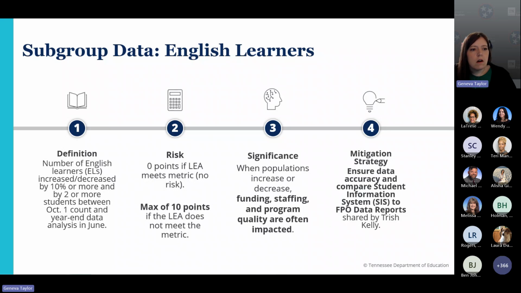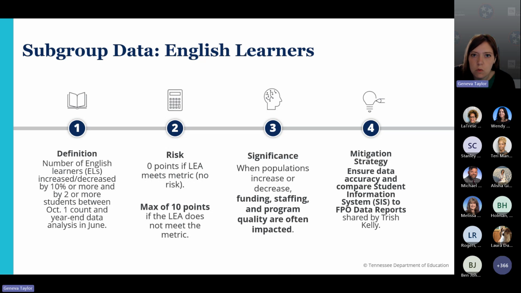So here, we're looking at subgroup data for English learners, and we have our definition on the left-hand side, and that aligns with the risk analysis guide that will be coming out for FY25. But basically, what we do here is we look to see if your number of English learners has increased or decreased by 10% or more.